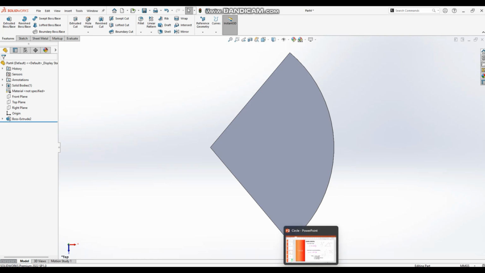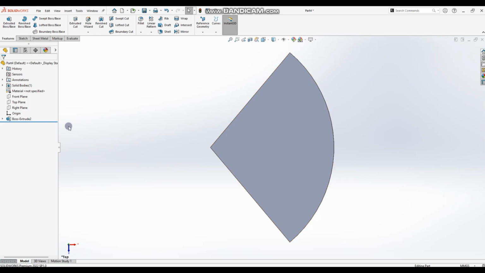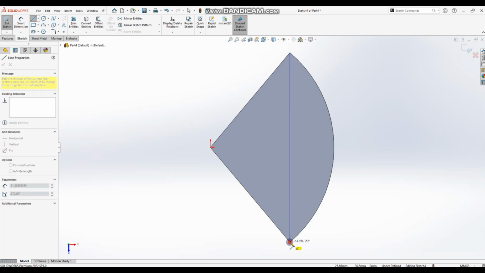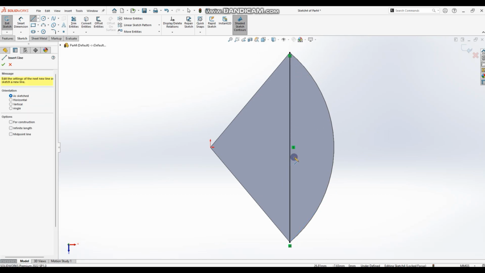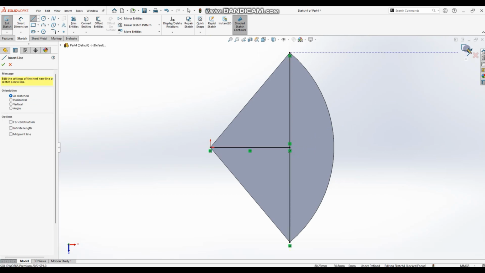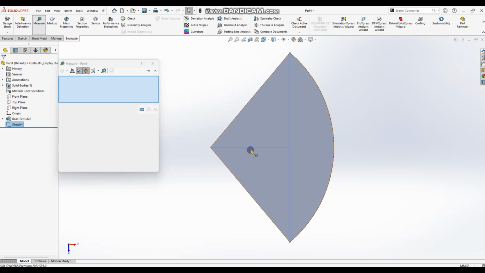As per the second case, we need the perpendicular distance from O to M on the chord. So we will draw a sketch on this surface, from this point to this point. So how much perpendicular distance did we get? 25.71.